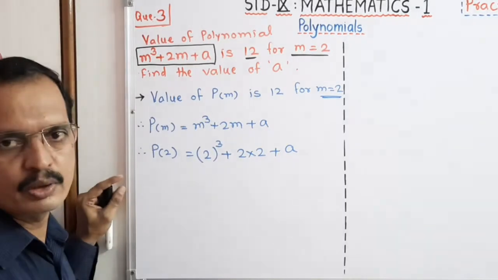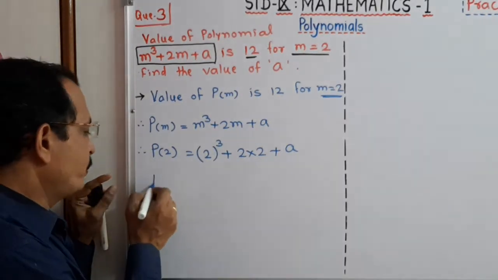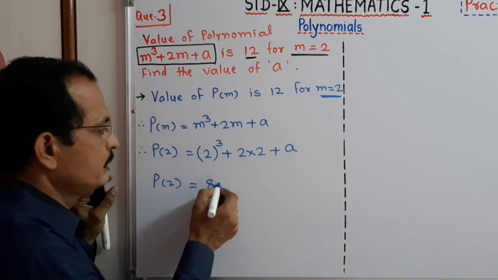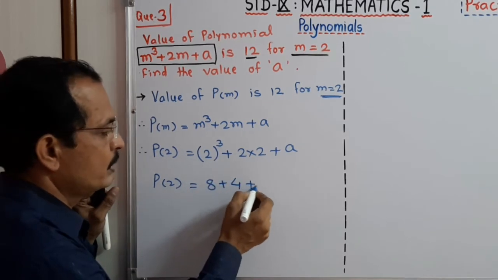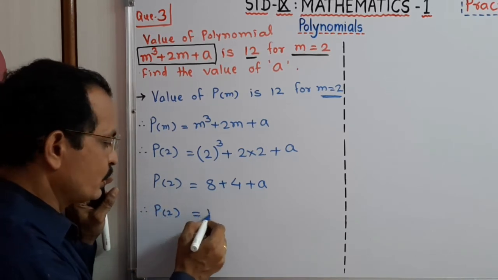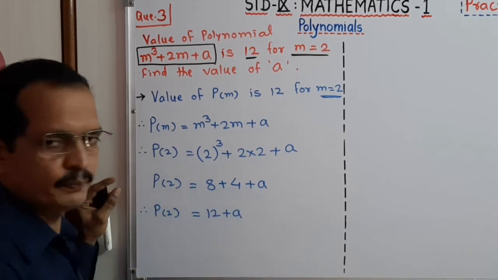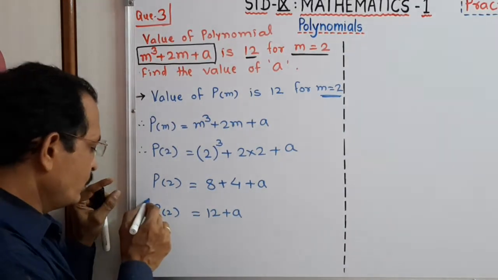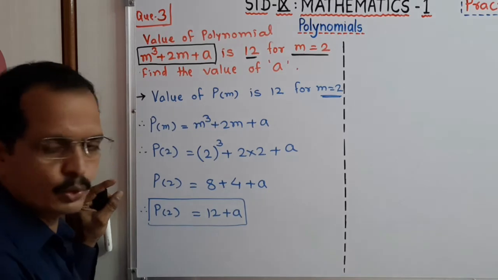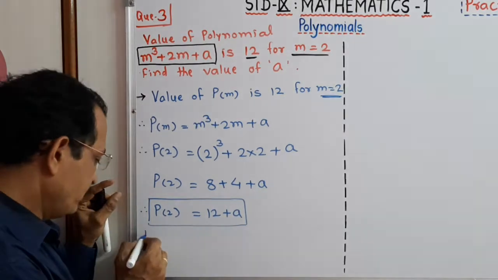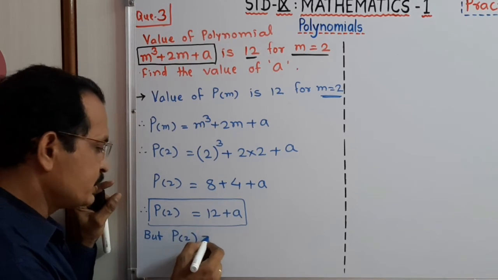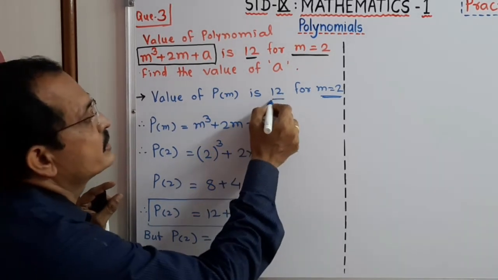We have to find the value of a. Now P(2) is equal to 8 plus 4 plus a. Therefore P(2) is equal to 12 plus a. Dear student, we got here P(2) is equal to 12 plus a, but P(2) is equal to how much? It is 12.